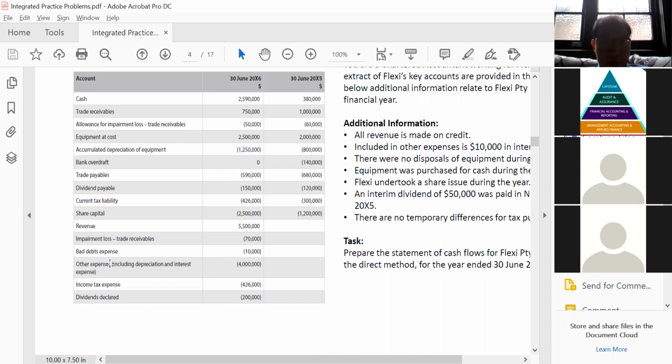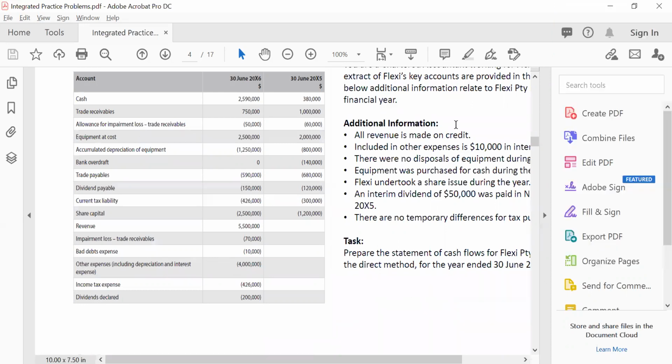Now, other expenses includes depreciation and interest expense. We know that for our purposes we do not want depreciation and we do not want interest expense, because these are going to be separate components. So what we must do is separate them out. We're told in the additional information here that interest expense is 10,000.